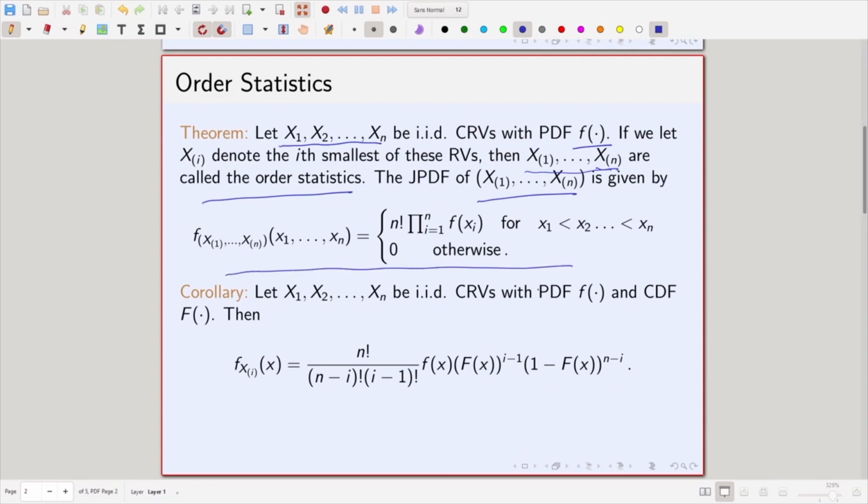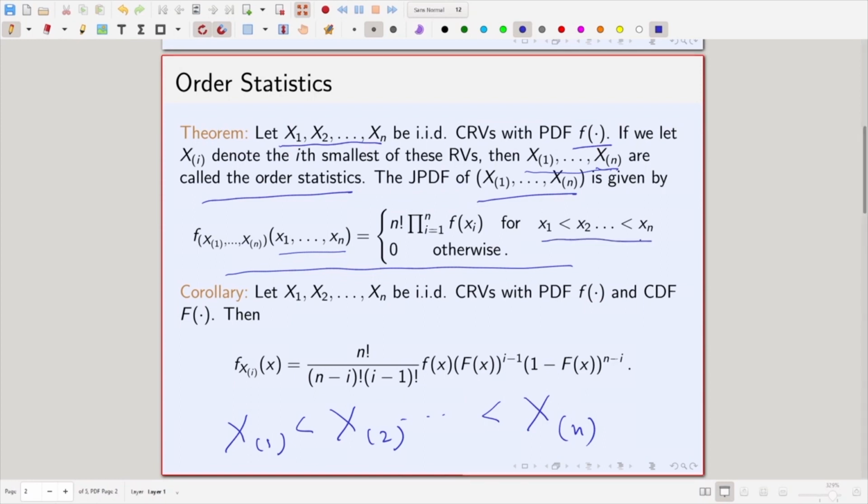Remember you are looking at order statistics. So, here x1, x2, xn are the variables. Obviously, X(1) is less than X(2) and so on, which is less than X(n). So, these variables should also respect that ordering.